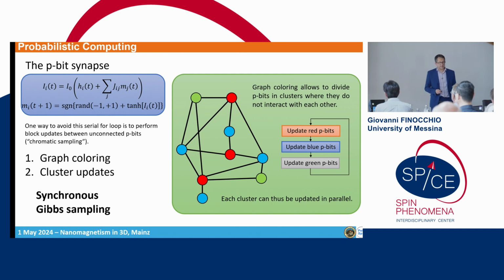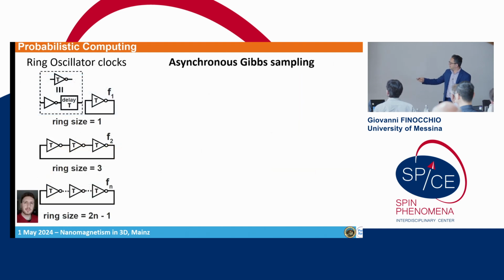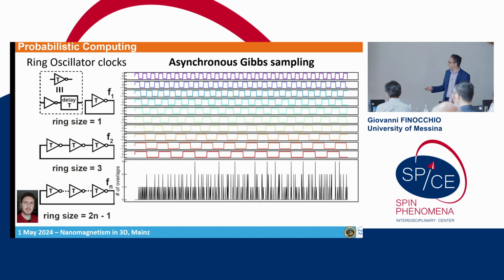And you can do this, for example, using hardware directly, like some asynchronous clock, which can be implemented, for example, using a well-precise phase shift. It's very complex to do. Or you can use, for example, connection of a finite number of ring oscillators. Of course, here, because they are finite, you have some conflict.